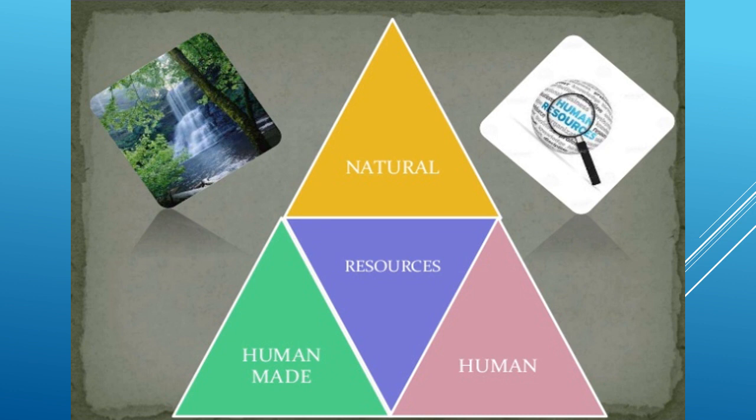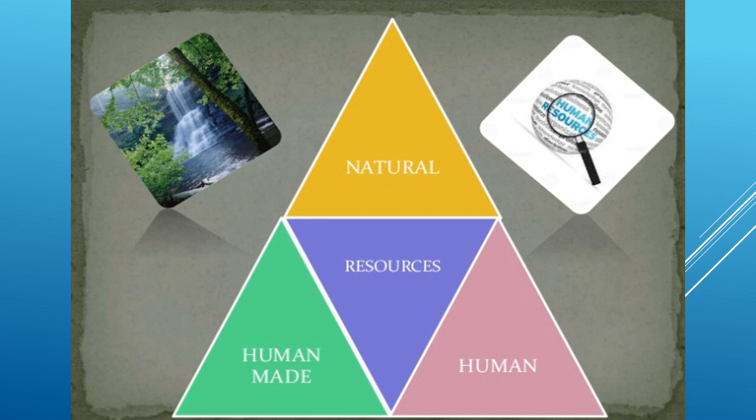Second are the human-made resources, which are made by humans. For example, your table, your chair, your building, park, museum, all are human-made resources. Third is the human itself. Human is the most important resource because without human, no other resources can be used.